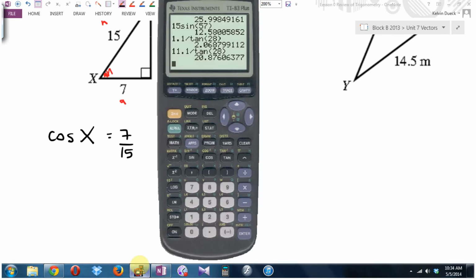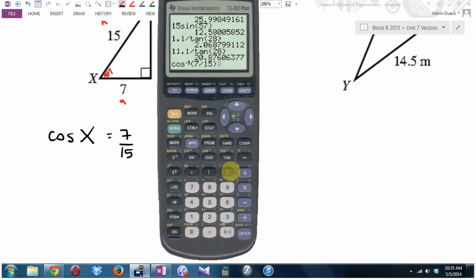So I'm going to go second function, cos, open bracket. Now, my calculator automatically opens a bracket. If yours doesn't, open a bracket. And instead of decimalizing it, we can just say, you know what? It's 7 divided by 15. Close bracket. We can get the calculator to do the arithmetic for us.